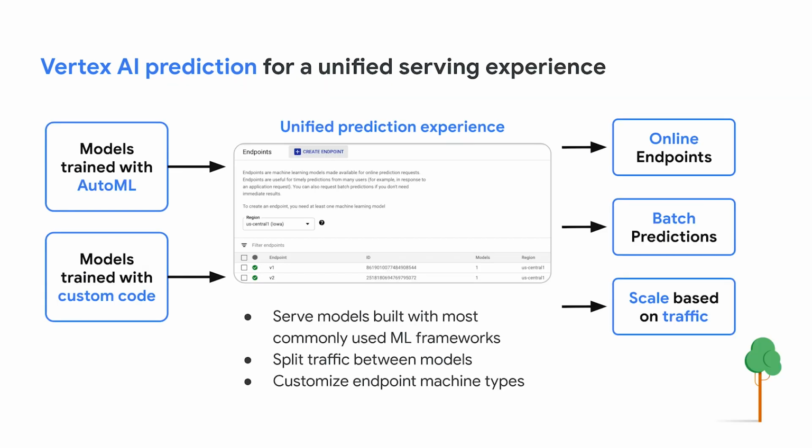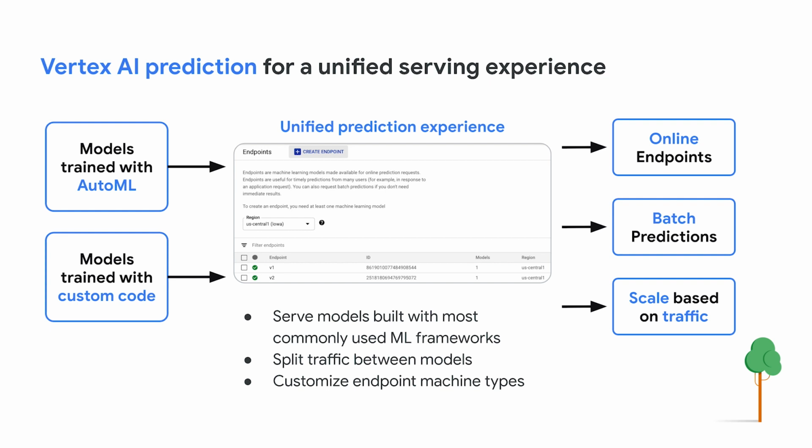Before you can start serving predictions to your end users, you will have to deploy your trained model to an endpoint for your users to access. For this, we have Vertex AI Prediction that can handle both online endpoints as well as batch prediction requests. With Vertex AI Prediction, you can deploy models trained with either AutoML or custom code to serve online and batch prediction requests depending on your use case.